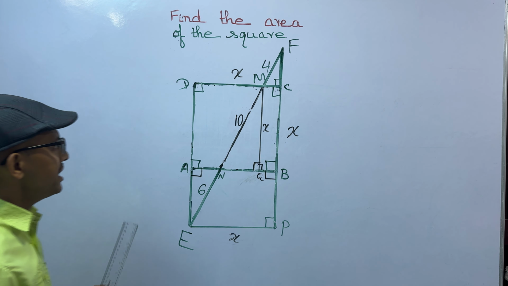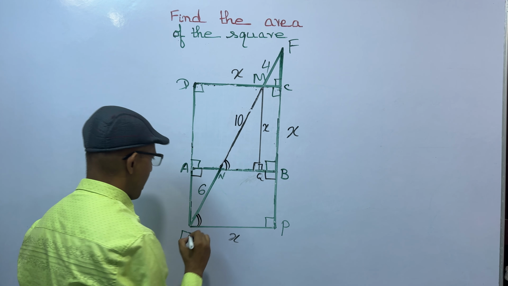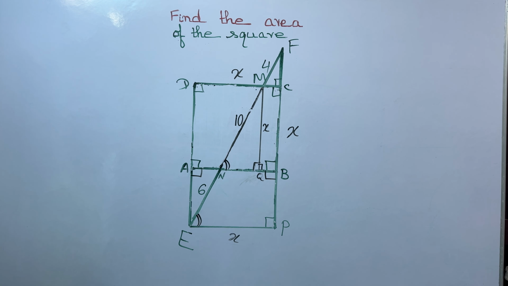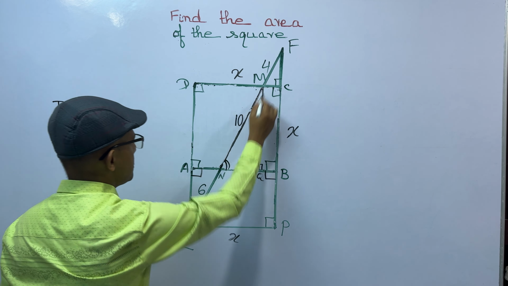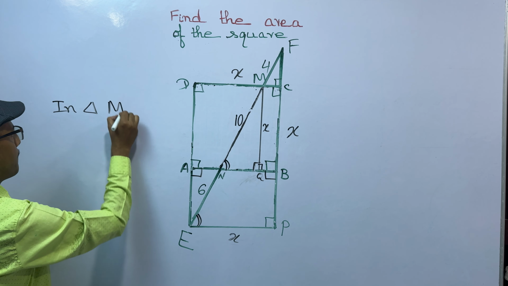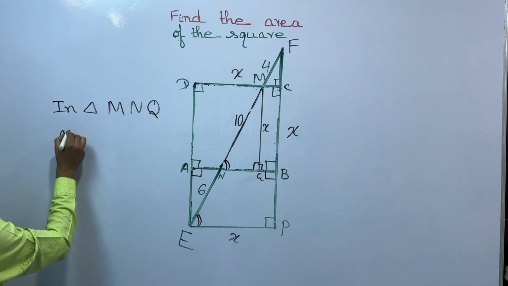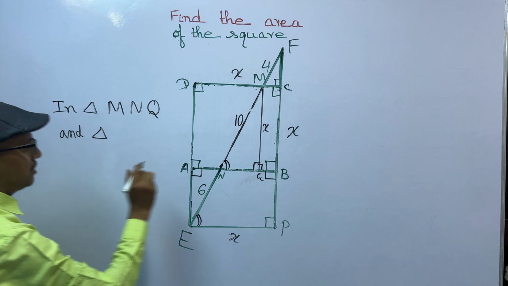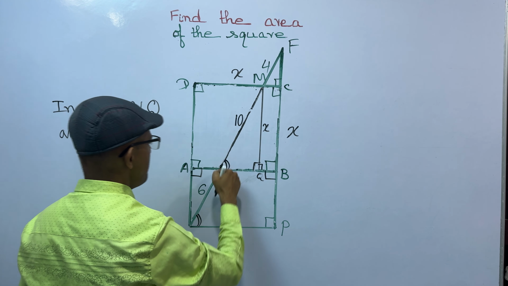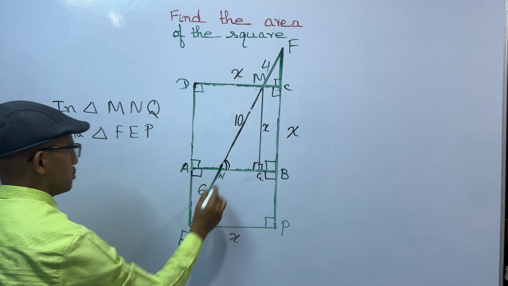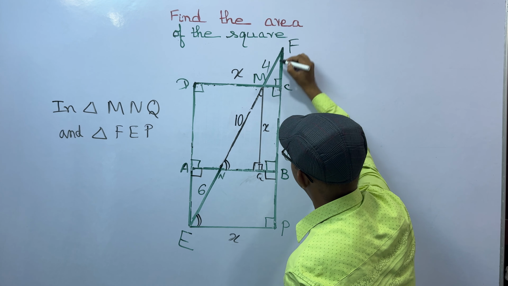Once again, we will apply the property of similar triangles. These two angles are equal. In triangle MNQ and triangle FEP, those two angles are equal, and so does this.